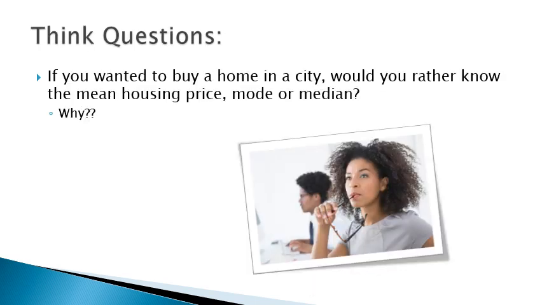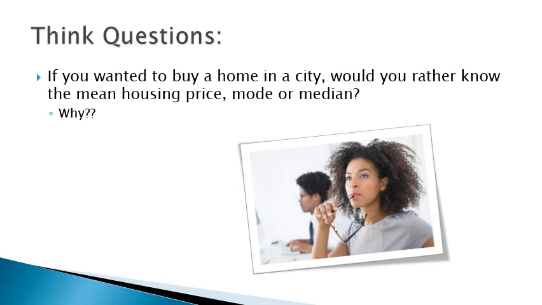Now I want you to start thinking, and I'm not going to give you the answers to this, but if you need me in a Zoom session this week, we can discuss it more. If you wanted to buy a home in a city, let's say Rancho Cucamonga or Riverside or wherever, would you rather know the mean housing price, the average housing price, or the mode, or the median?